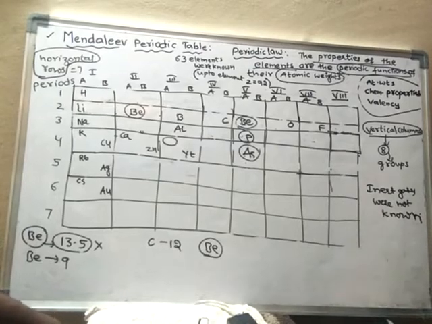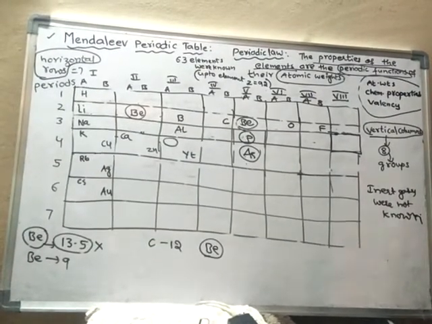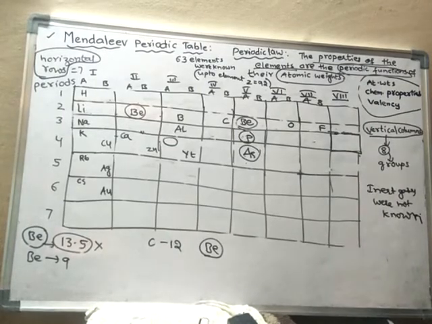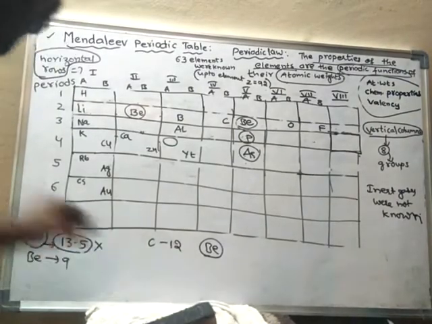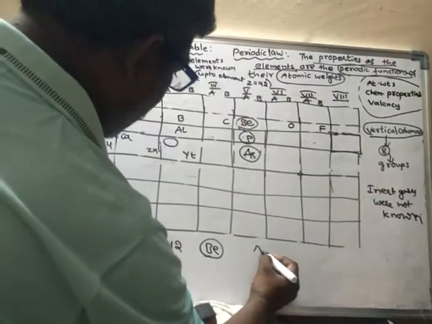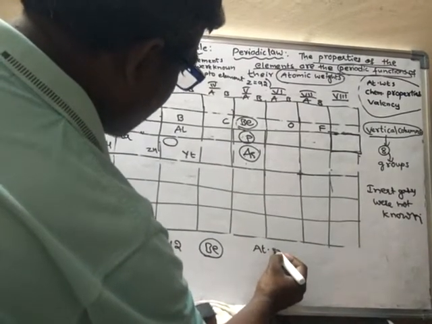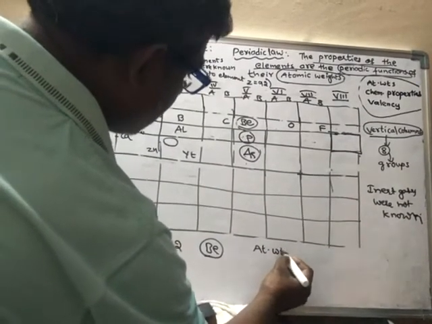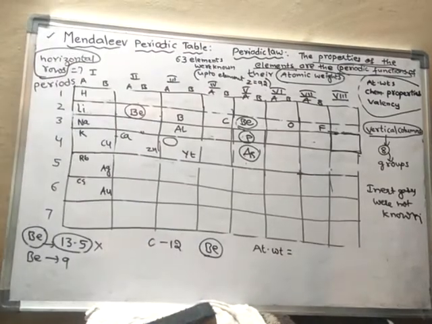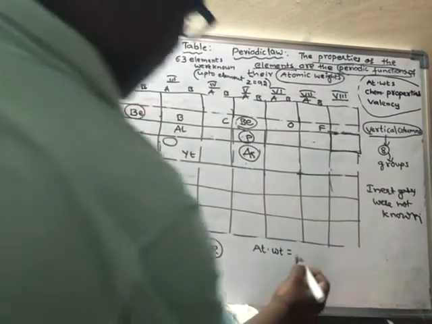He came to know that beryllium's atomic mass was wrong. It was wrongly calculated. Actually, to calculate atomic masses, or atomic weights, scientists use one formula. What is that formula?